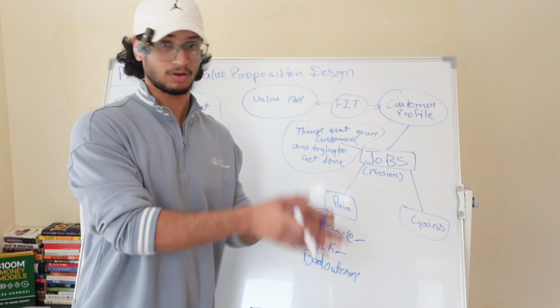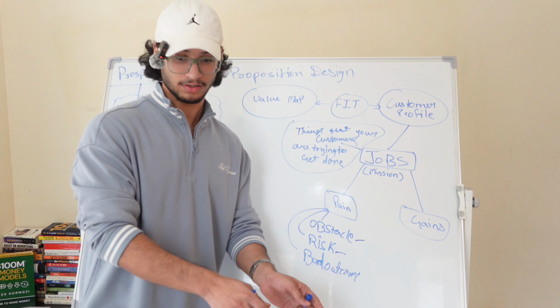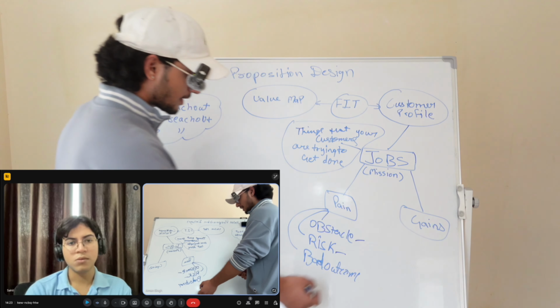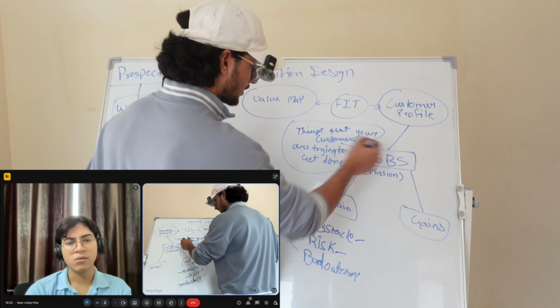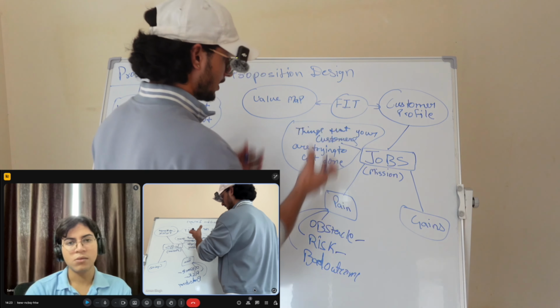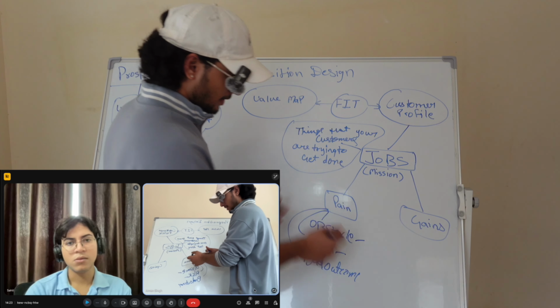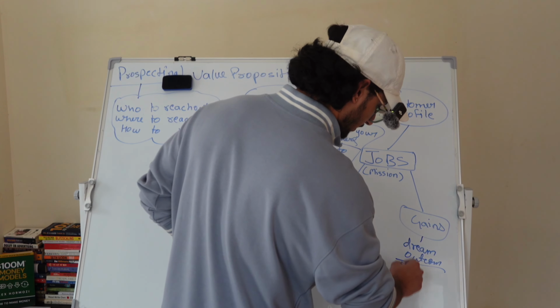You are risking $2,000 or $5,000. Any bad outcome, let's say you spend $2,000 and now you didn't get any customers, that's a bad outcome. So any obstacle, any risk, any bad outcome that is related to the customer's jobs, to anything your clients are trying to get done, is called pain. Gain is the dream outcome, the desired results.